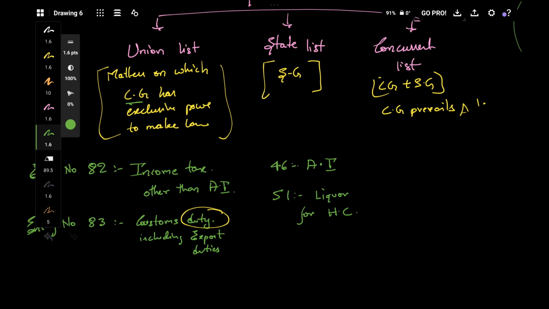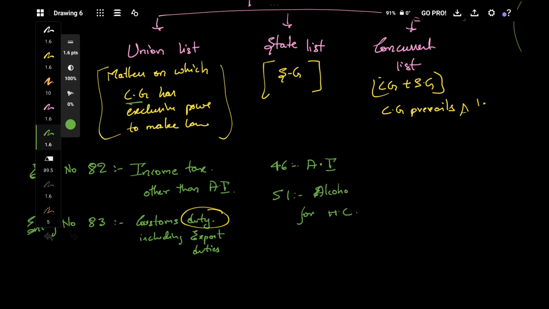On those things GST is there. On alcohol in medicines, GST is there, and on alcohol in perfumes and all, GST is there. But only on alcoholic liquor for human consumption, excise duty will be there, as the state has power to levy tax.